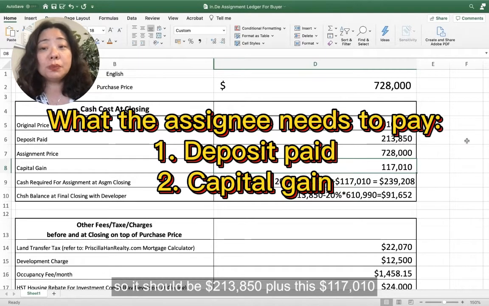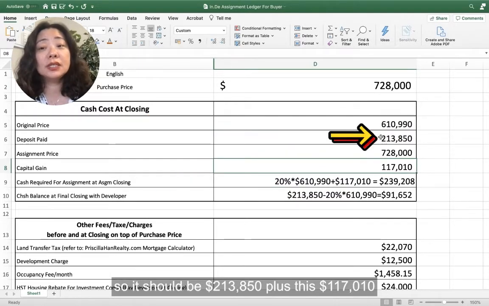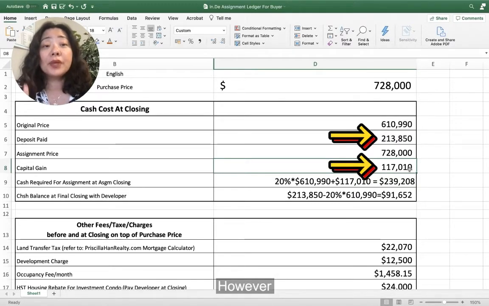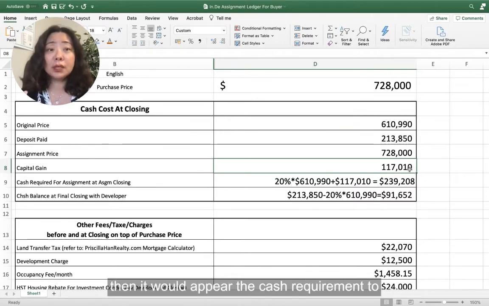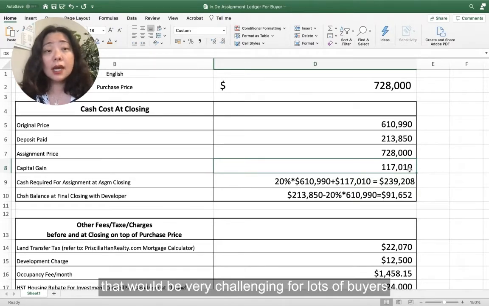So it should be $213,850 plus this $117,010. However, if that's the case, then the cash requirement to take over this assignment will become something like $350,000. That would be very challenging for lots of buyers.